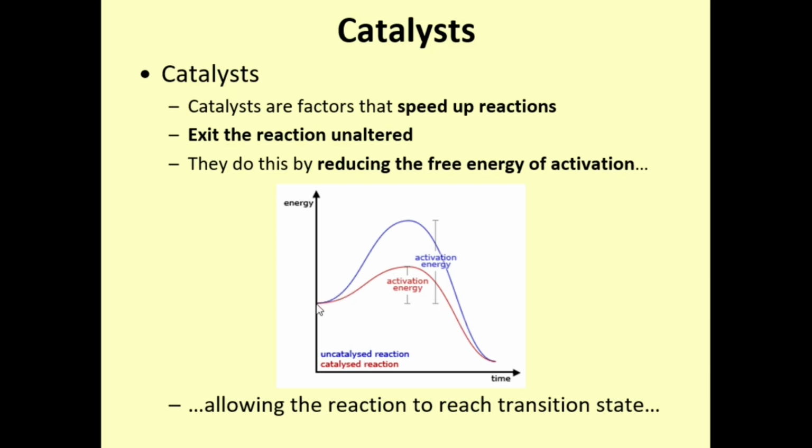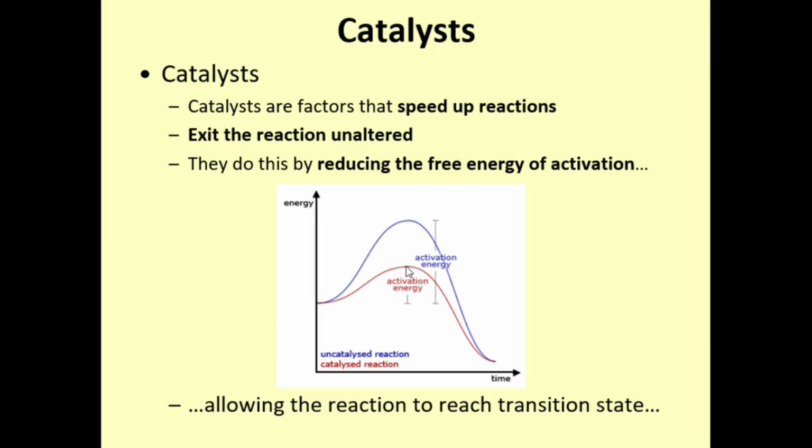What we can see is that the transition state is much, much lower. And what this means, particularly in terms of enzymes and chemical reactions that occur in our bodies, is that chemical reactions can now occur at our normal body temperature. So for humans, that's typically between about 36 and 38 degrees Celsius.